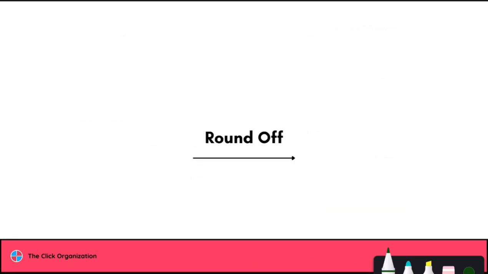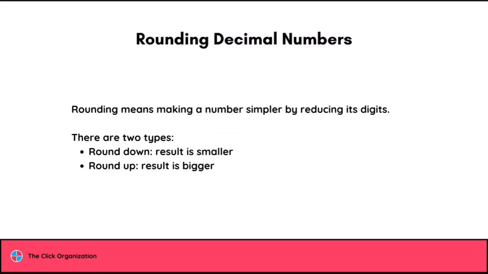Okay, now we will go for the last part and the second part, which is round off. So rounding decimal numbers, what does it mean? Rounding means making a number simpler by reducing its digits. So we might have so many decimal digits and we try to make it simpler by reducing the digits.